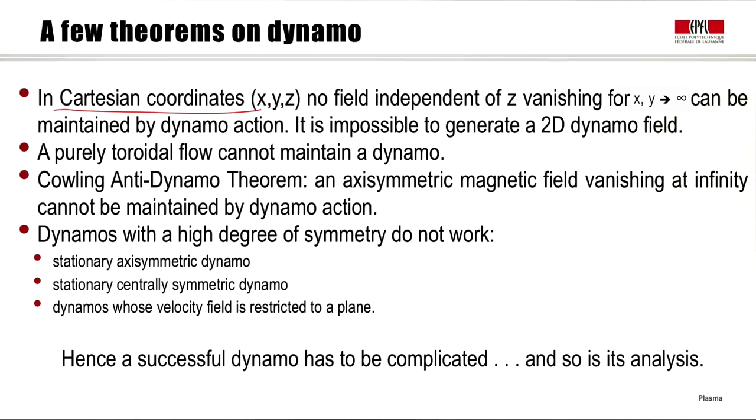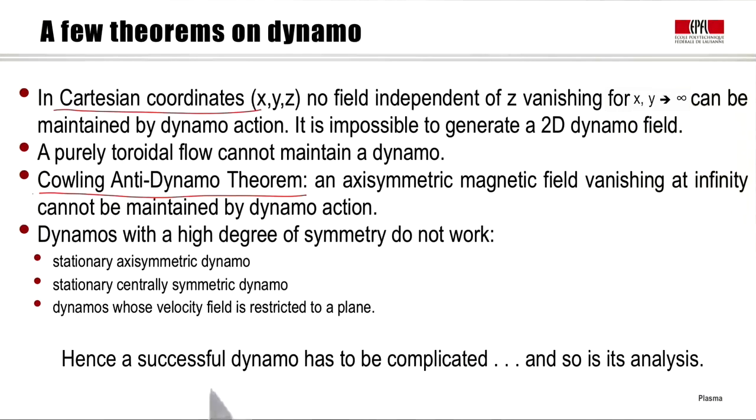Probably the most important of all dynamo theorems is the Cowling anti-dynamo theorem. It states that an axisymmetric magnetic field vanishing at infinity cannot be maintained by a dynamo action. A consequence is that dynamos with a high degree of symmetry do not work.